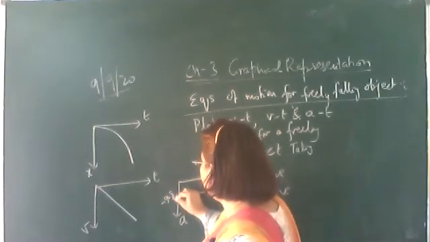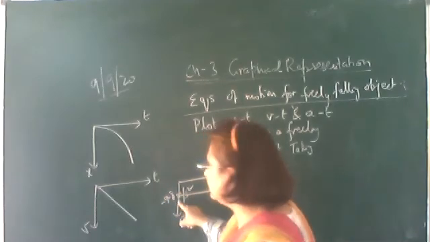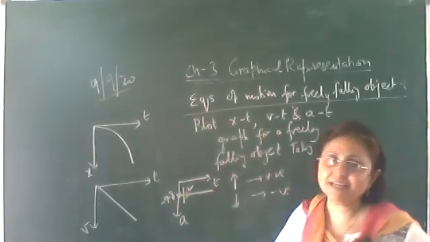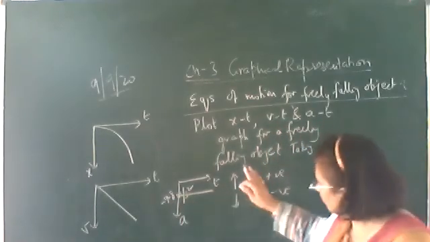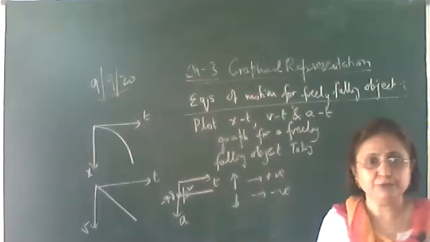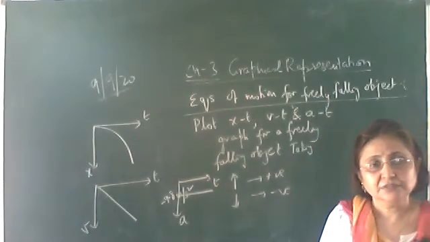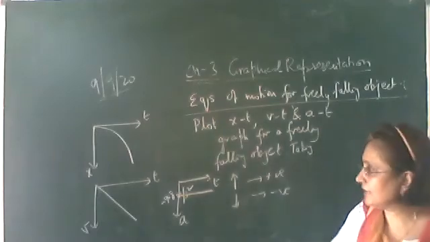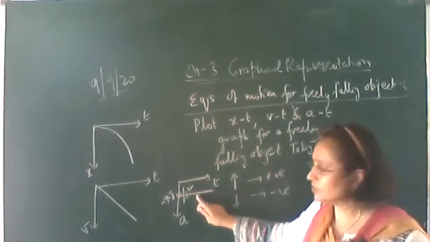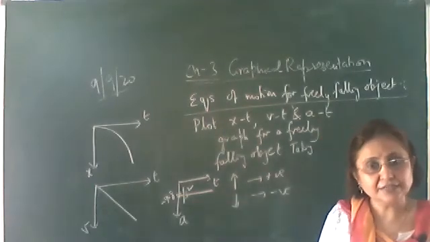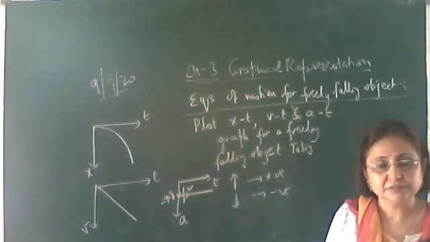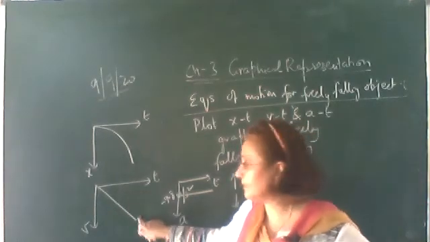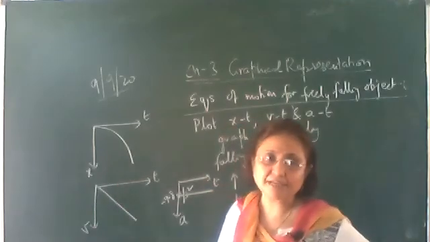Minus 9.8 meter per second square, according to this sign convention we are plotting. If you take the other sign convention, the graphs may be in the positive axis. Here g is negative and constant, so the acceleration will be negative and the motion is in the negative axis.